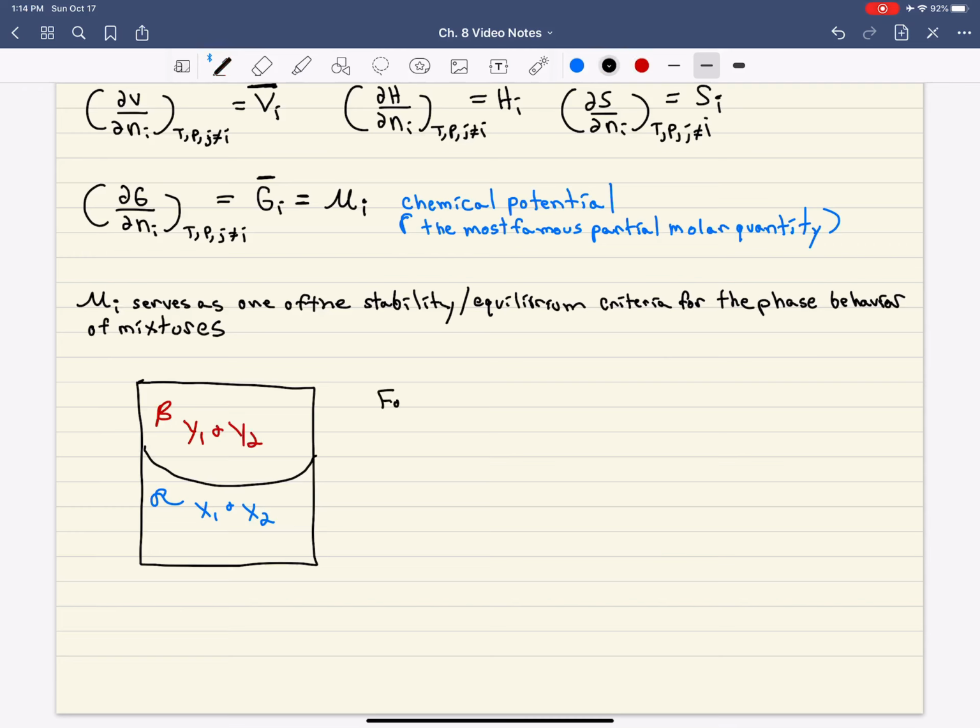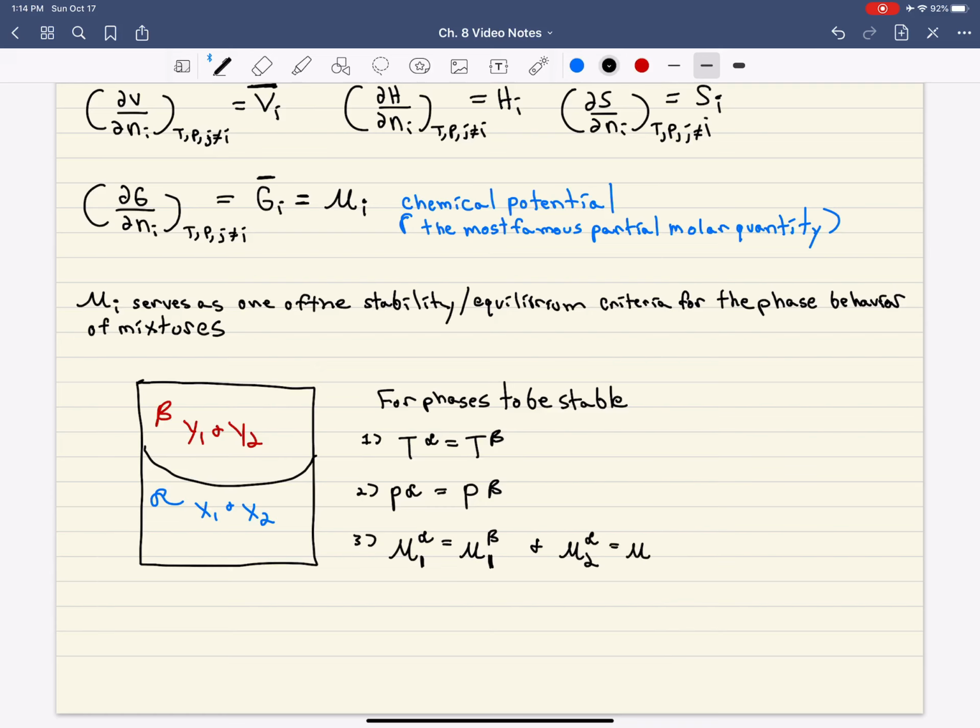And so for the phases to be stable, your equilibrium criteria would be this: that the temperature of the alpha phase is equal to the temperature of the beta phase, the pressure of the alpha phase is equal to the pressure of the beta phase, and then the third criteria would have to deal with the chemical potentials, such that the chemical potential of species 1 in the alpha phase has to be equal to the chemical potential of species 1 in the beta phase, and separately, the chemical potential of species 2 in the alpha phase has to be equal to the chemical potential of species 2 in the beta phase.